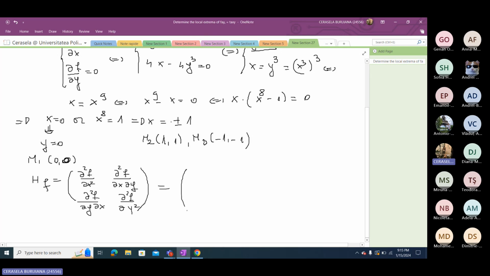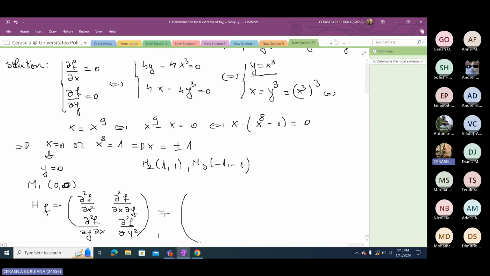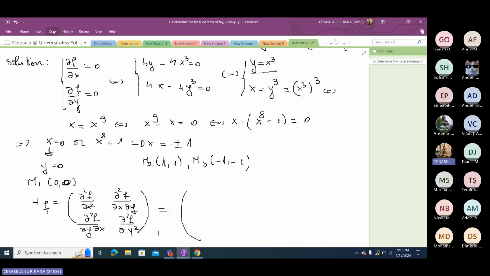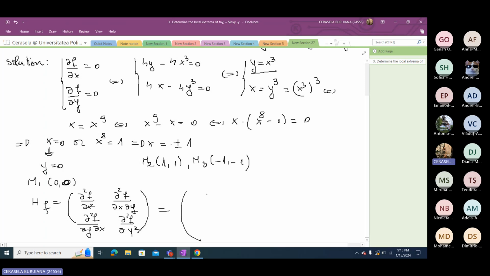Okay, I replace by the values of the derivatives, but I think I will move the page a little bit because we need to have in front of our eyes the derivatives of first order and then replace correctly in the Hessian. Okay, the derivative of second order in function of x, how much will it be?